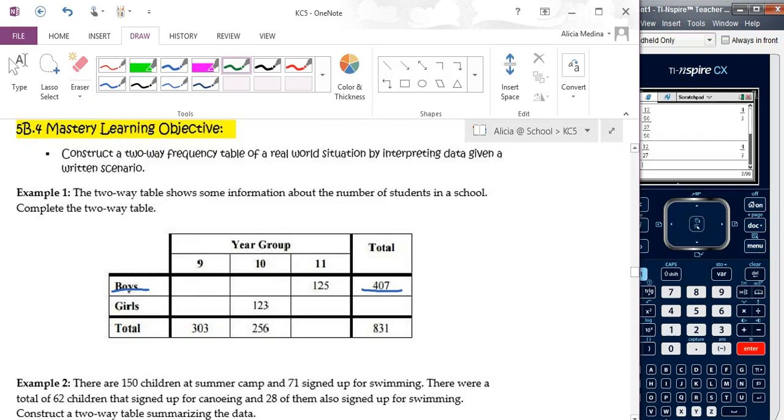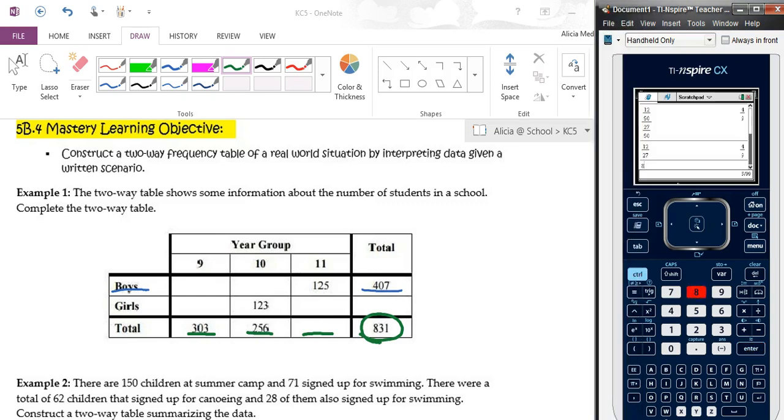our totals here. So I see this 303, this 256. I have this missing space, but I know that they all add up to 831. So to find that missing space, I have to take that 831 and subtract the other two. On my calculator I'm going to say 831, subtract the total amount of sophomores, so minus 256, and then also subtract the amount of freshmen, which is 303.